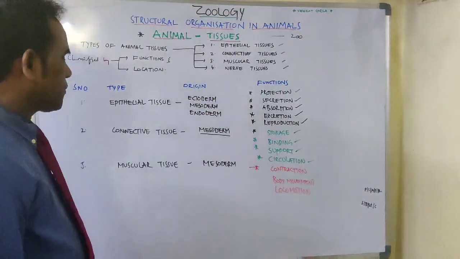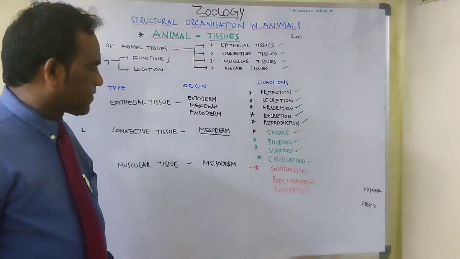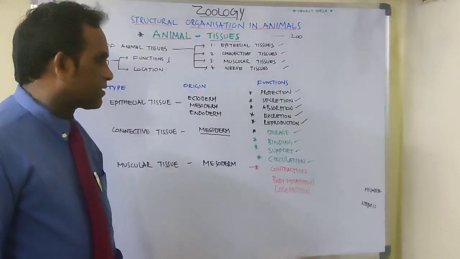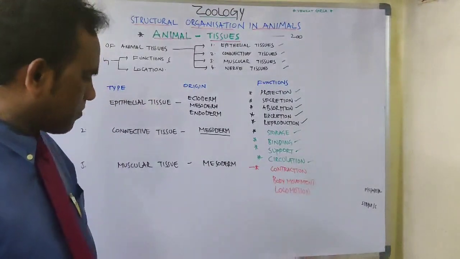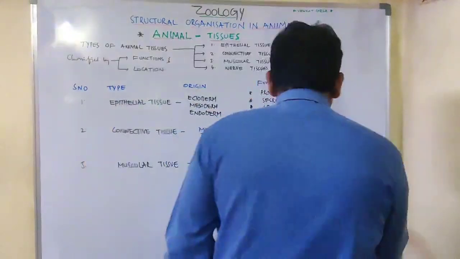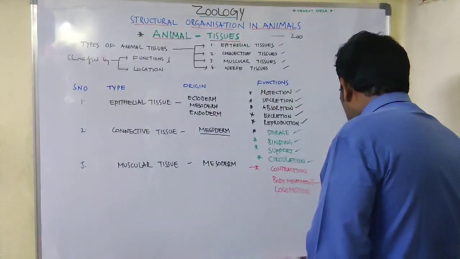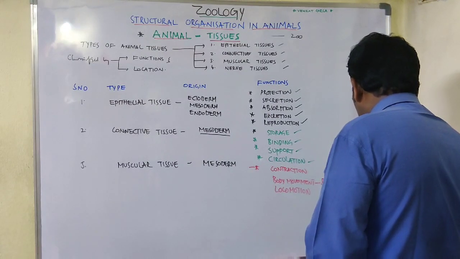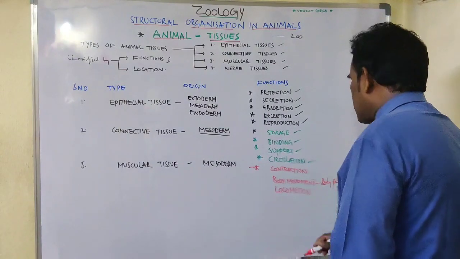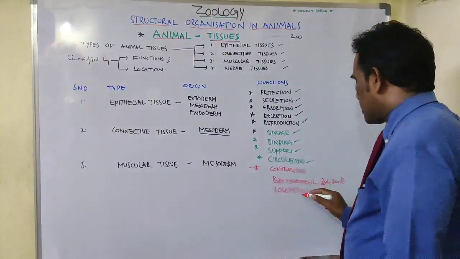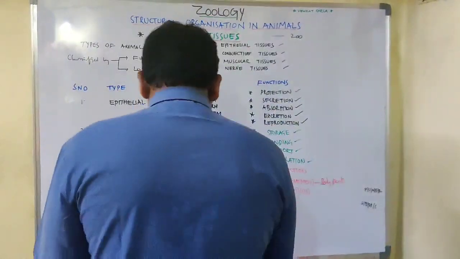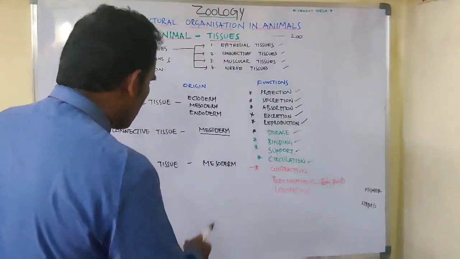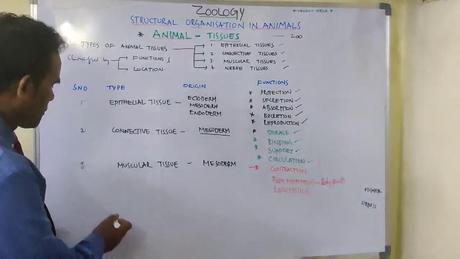This is mainly concerned with the movement of body parts. So contraction and locomotion are the functions of muscular tissue.